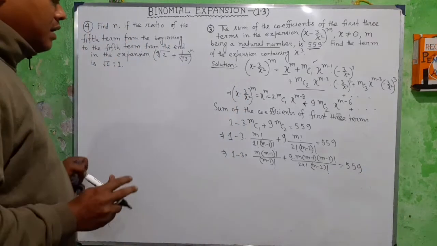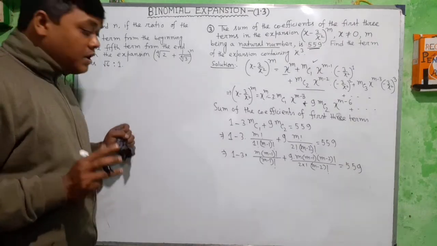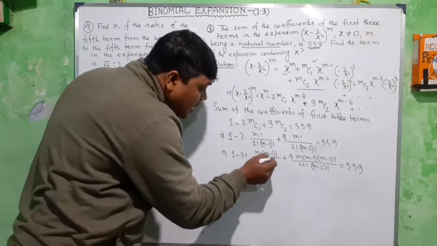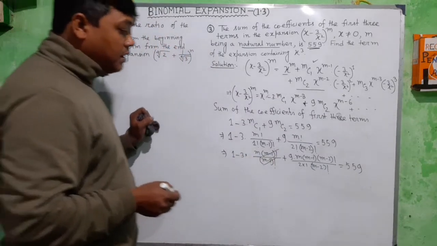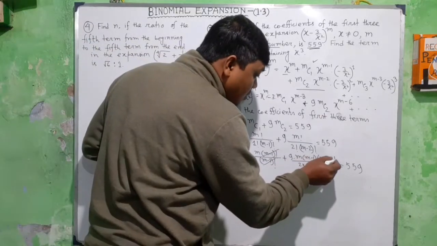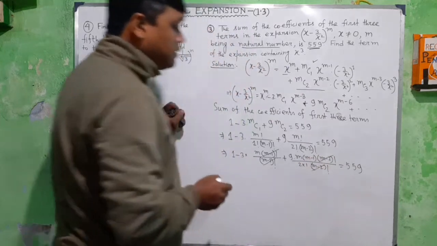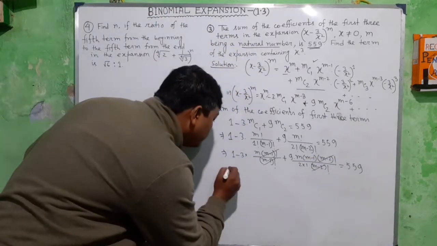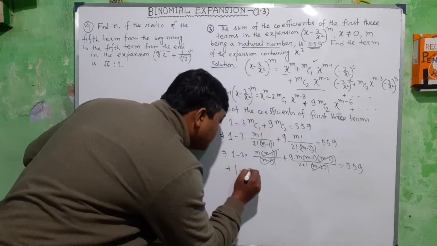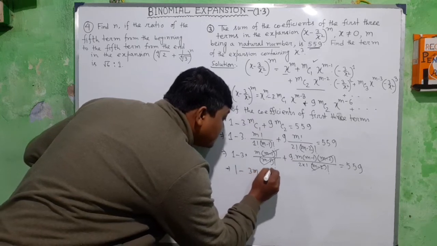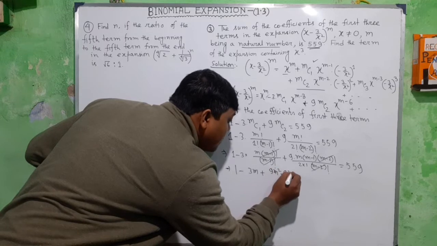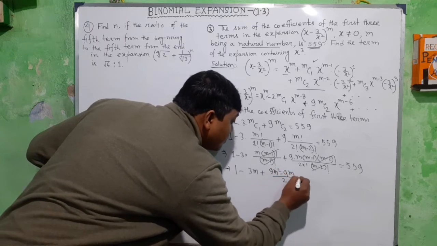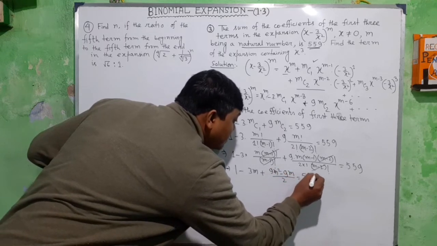Okay, up to this part it is clear to you. So now I simply cancel (m minus 1) factorial in this quantity, which is the common part. So we have gotten 1 minus 3m plus (9m square minus 9m) by 2 equals 559.